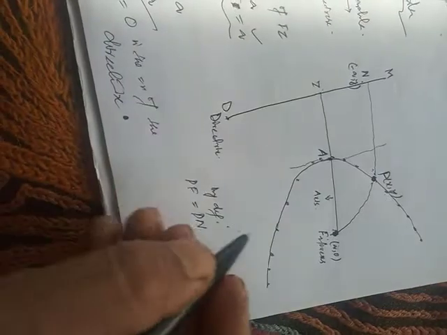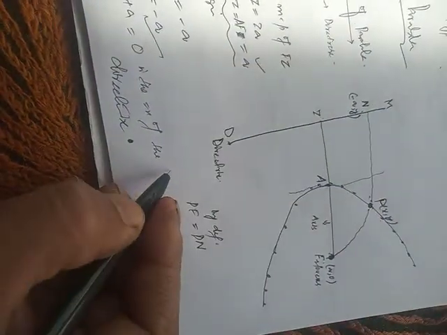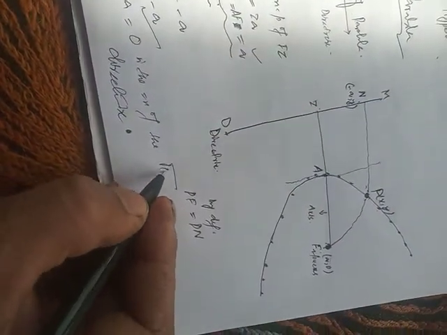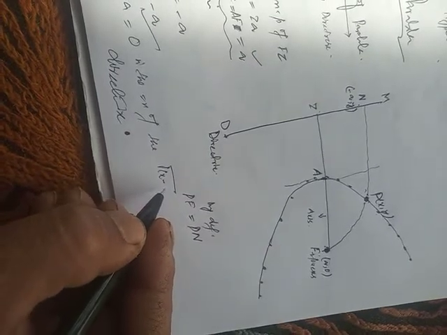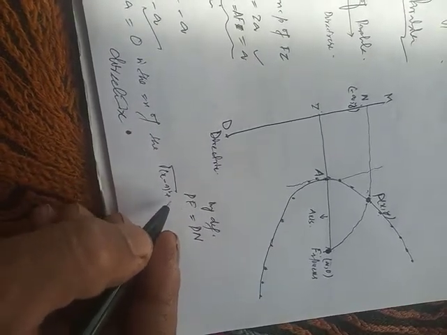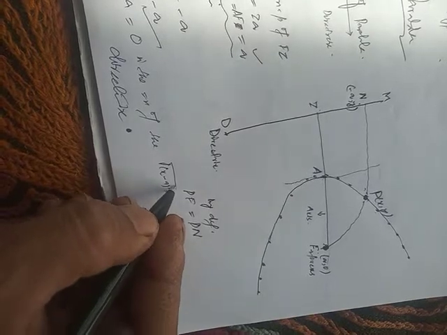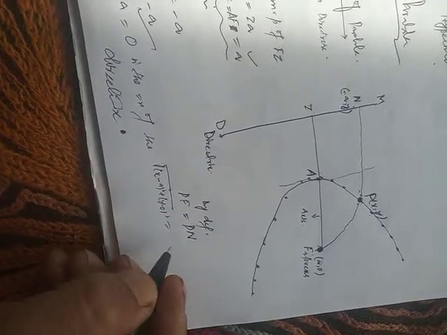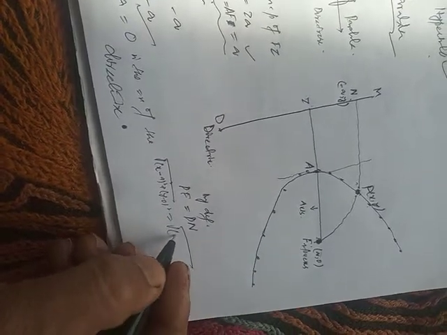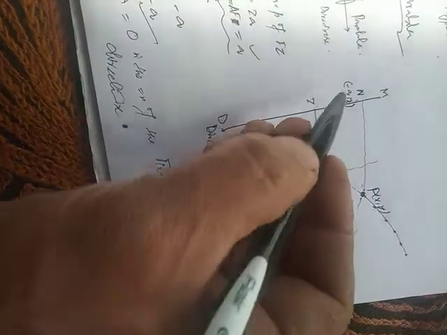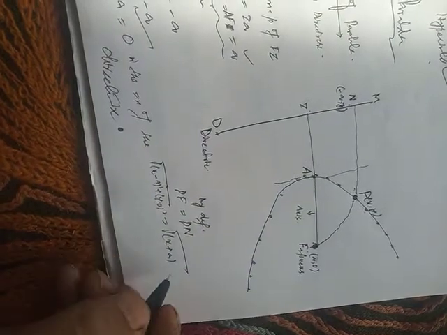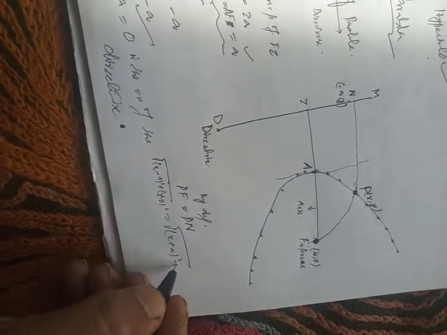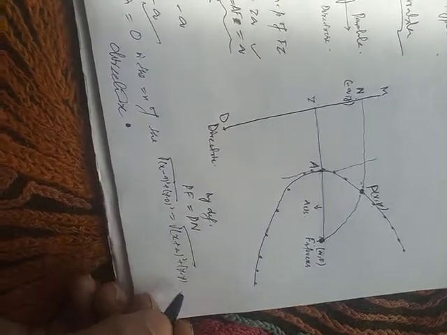Now by the distance formula, PF will be under root (x minus a) whole square plus (y minus 0) whole square, is equal to PN. It will be under root (x plus a) whole square, because here it is minus a, plus (y minus y) whole square.